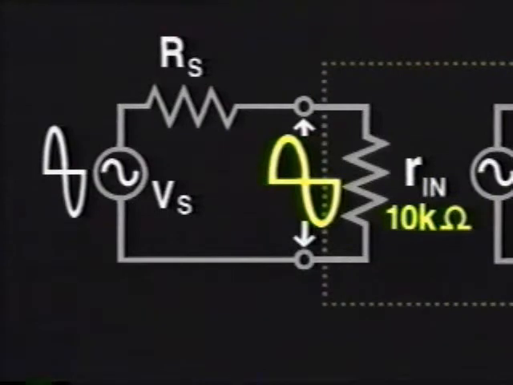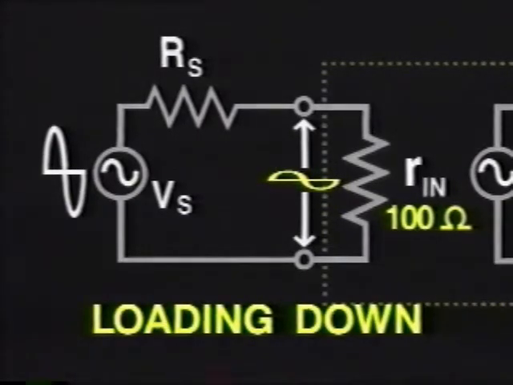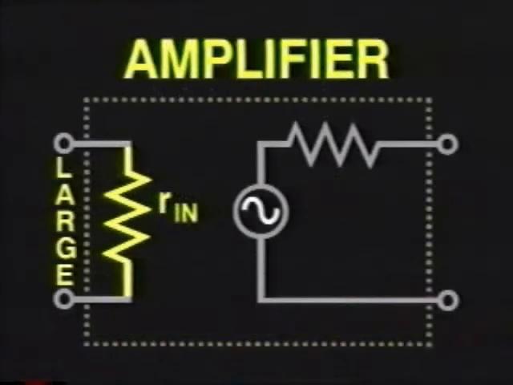Using waveforms, you can see that decreasing values of input resistance cause the input signal to decrease. When this happens, the amplifier is said to be loading down the source. As a rule, voltage amplifiers such as the op-amp incorporate as large an input resistance as possible. The ideal voltage amplifier has an infinite input resistance.